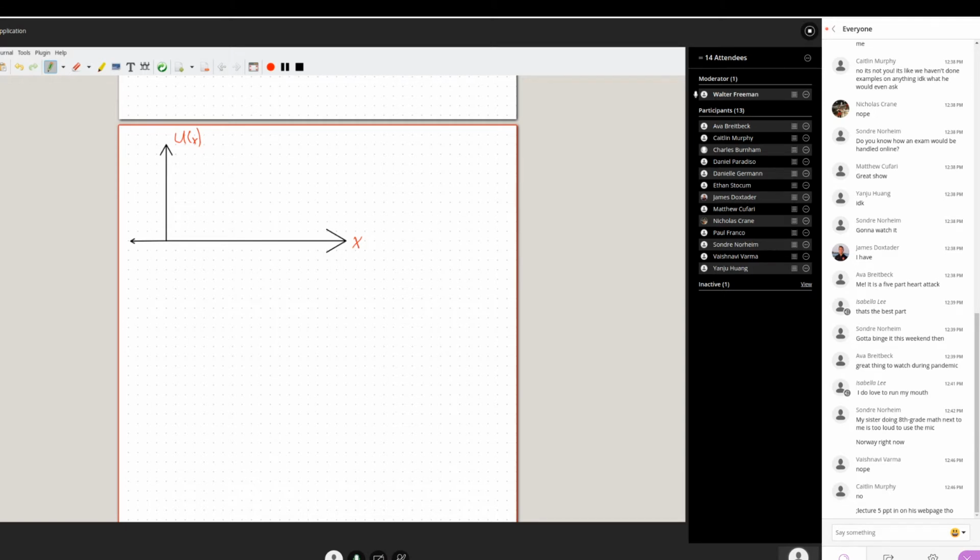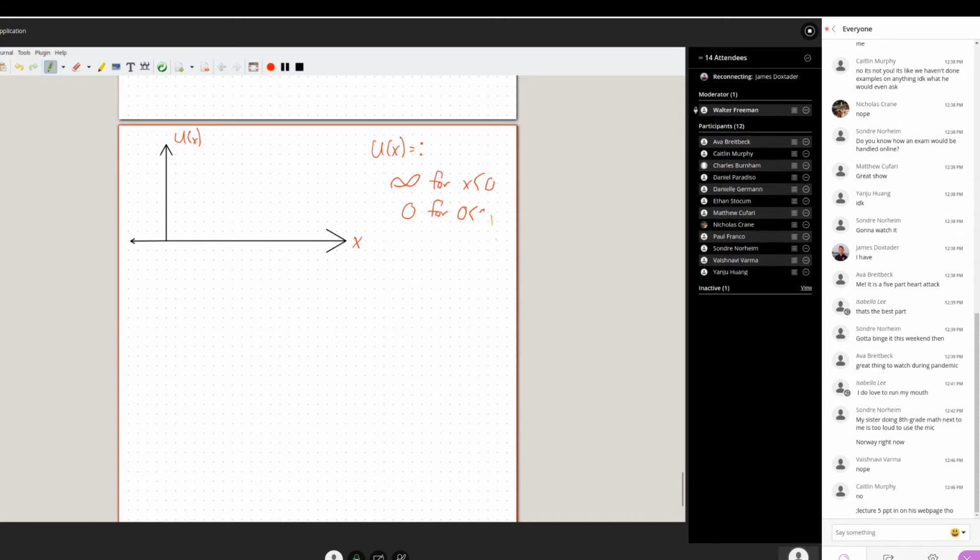So this potential, u of x, is infinity for x less than 0, 0 if x is between 0 and L, and infinity again for x greater than L. So the potential, basically an infinite potential, means that a particle would have to have infinite energy to go into that region.